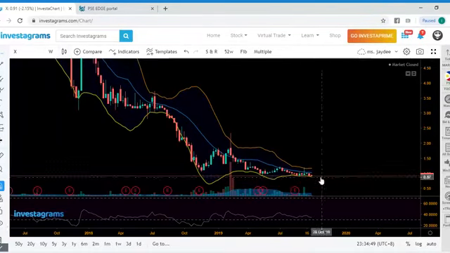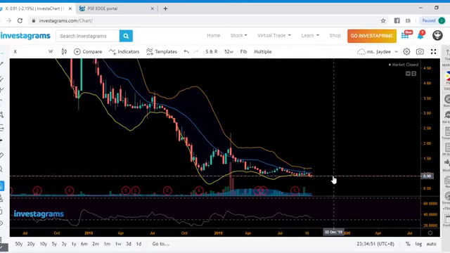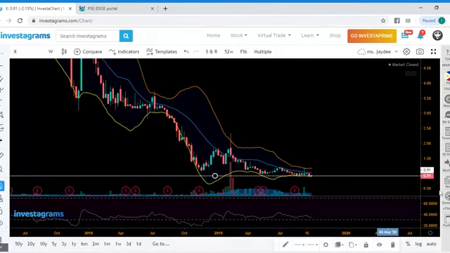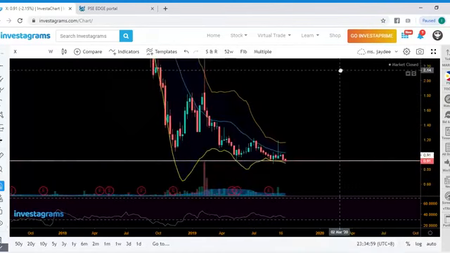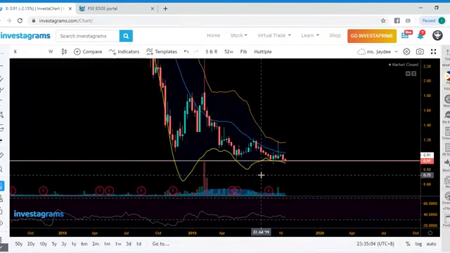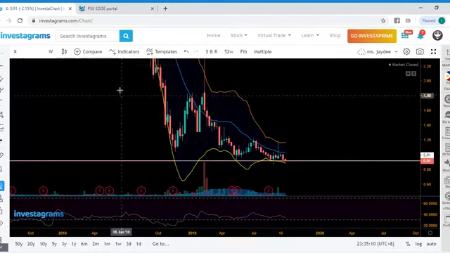But in the weekly chart, you are still sitting at the support area for this stock, 0.90, 0.91, around that. See that? So let's just wait and see. Wait for a green candlestick before you can say, okay, this is already it.